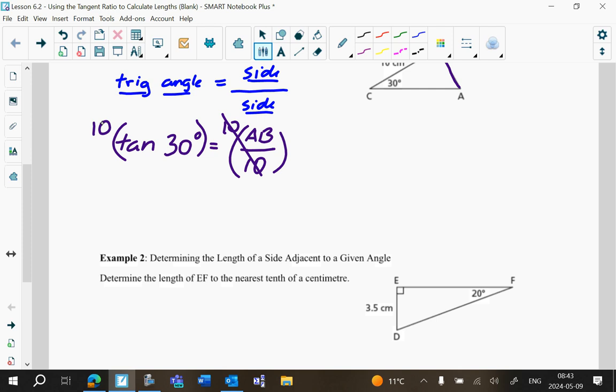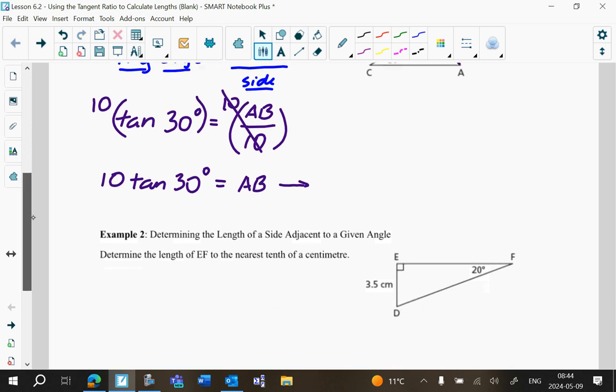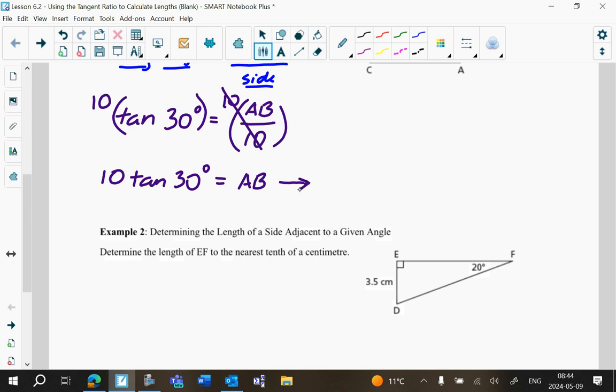So therefore, to find AB, and this is where I use my calculator, I do 10 times the tan of 30 degrees. And then round my answer. It says to the nearest tenth, so that's one decimal place. Depending on the type of calculator you have, if you've got one like mine, you don't even have to punch the times key.